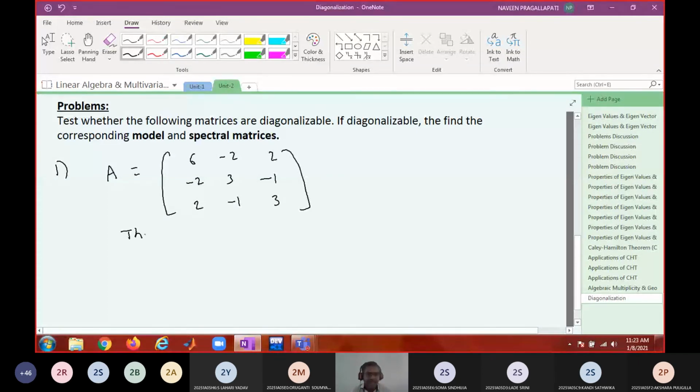The characteristic equation. What is the characteristic equation? Det of A minus lambda I equals 0. So what is that equation? Can you tell me?